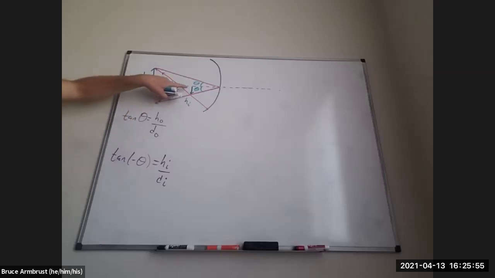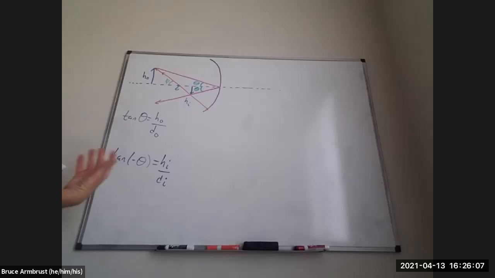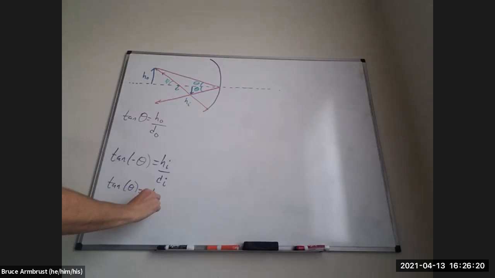Same idea, right? This side is HI, the height of our image, and then the distance away is DI. From our knowledge of tangent, tangent is an odd function, so that minus can be brought out front. This gives me that the tangent of theta is equal to minus HI over DI.